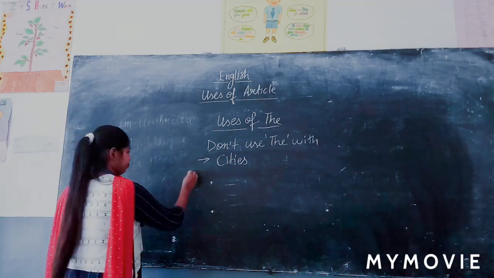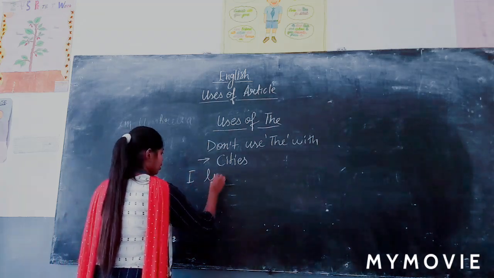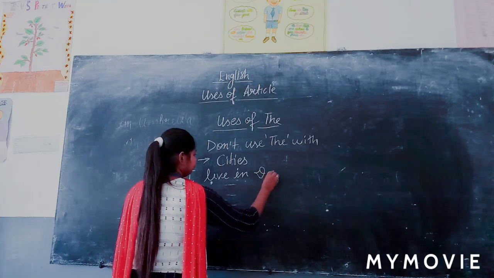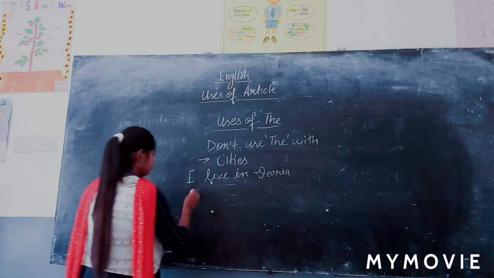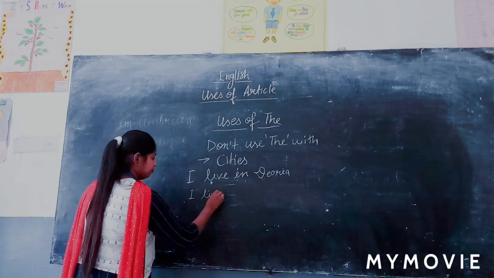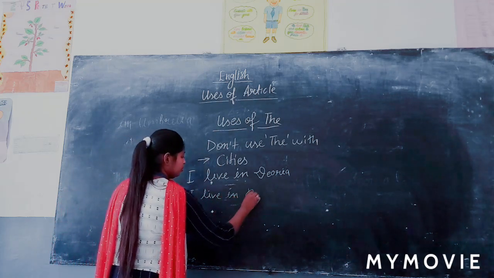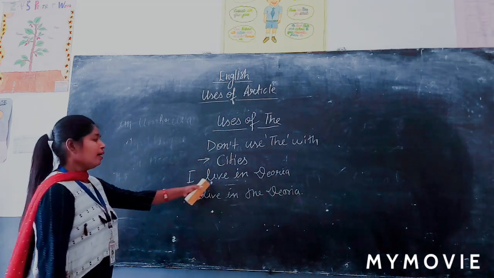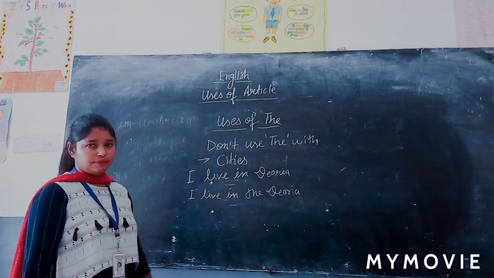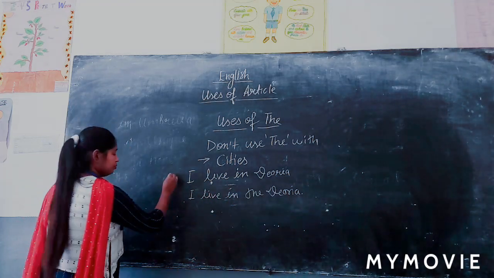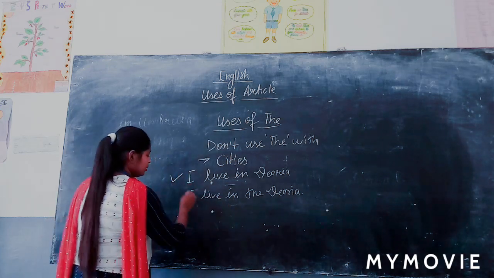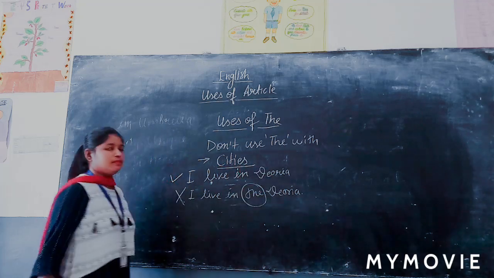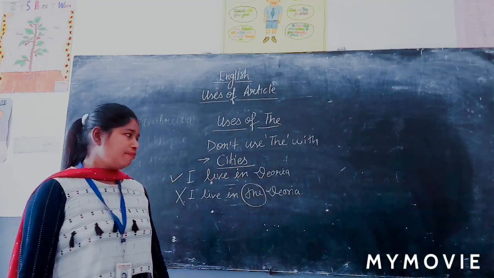For example, I live in Devariya, or I live in the Devariya. Which statement should be correct? This one will be wrong because the is not used with the name of cities. Clear? I hope so.